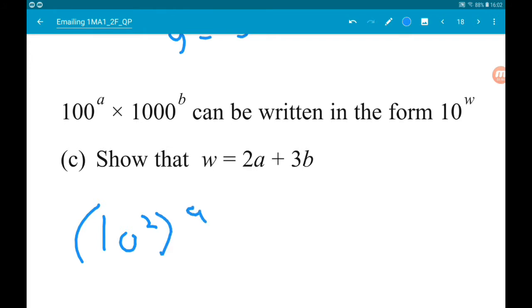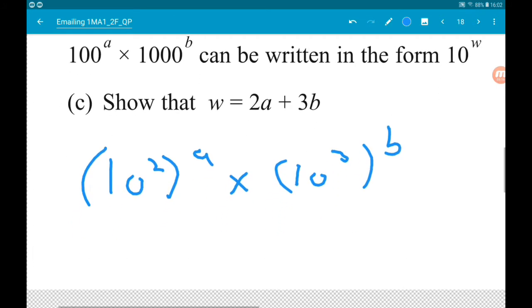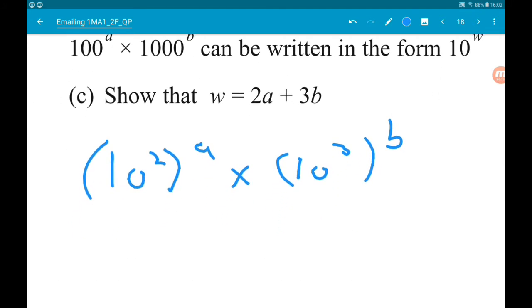And then we have times. Now 1000 is 10 to the power of 3. So we can write 1000 to the B as 10 cubed to the power of B. Now if we expand the powers, we get 10 to the 2a times 10 to the 3b.